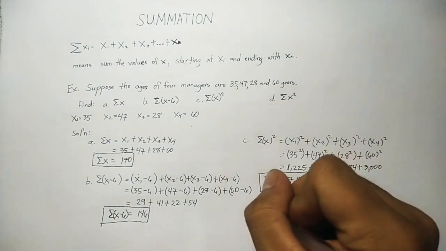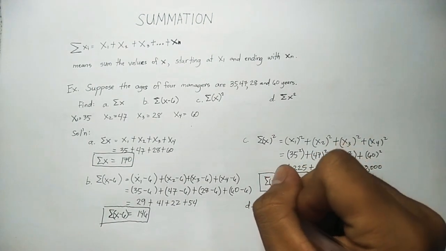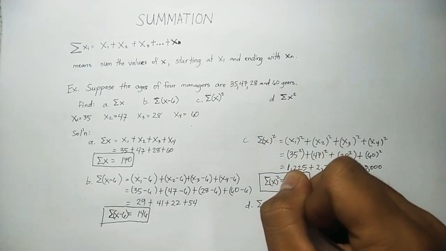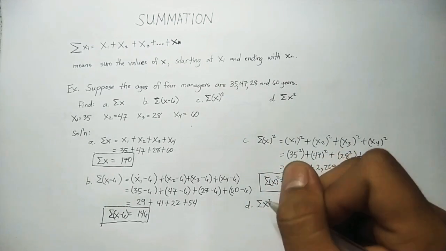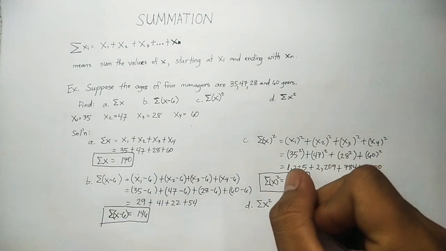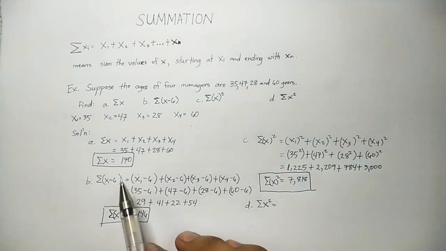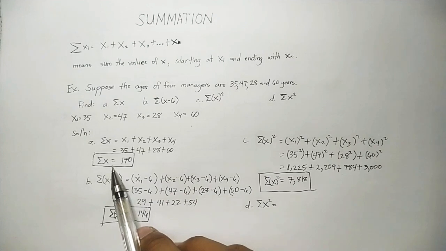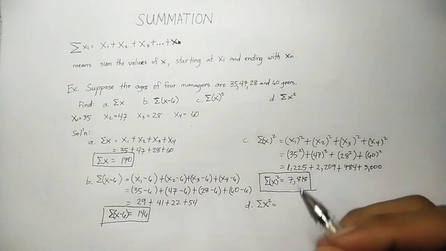So, let's proceed to our letter D. So, in our letter D, we only have to get the squared of the summation of x. Okay, of our data. So, dito, nakuha na natin kanina yung summation of x, which is 170.